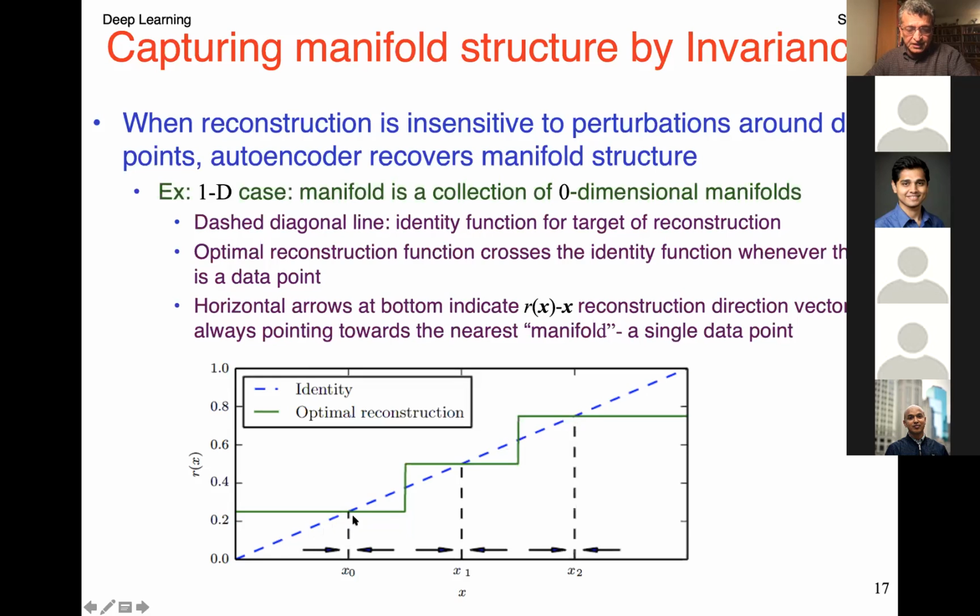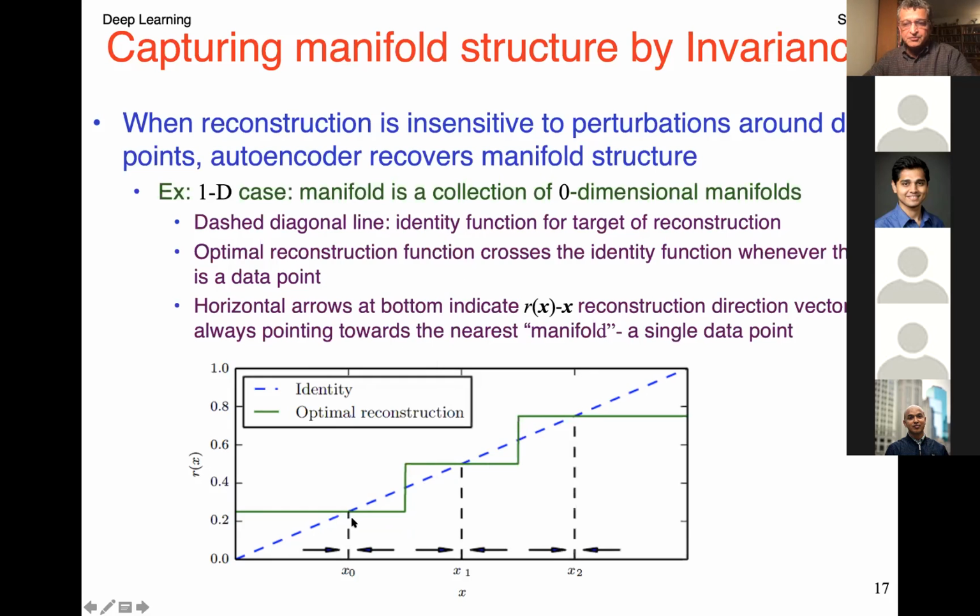And we say that the manifold consists of these 3 points. Data lie on these 3 points. And the optimal reconstruction is anything that's going through those exact points, right? So this is an exact reconstruction, and it is invariant to any disturbances, we say.